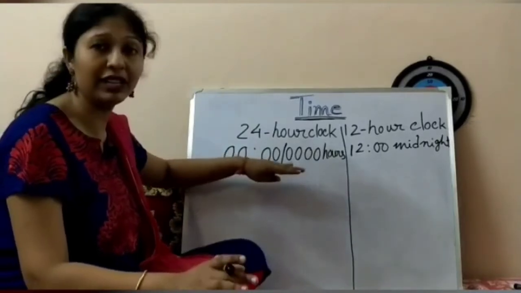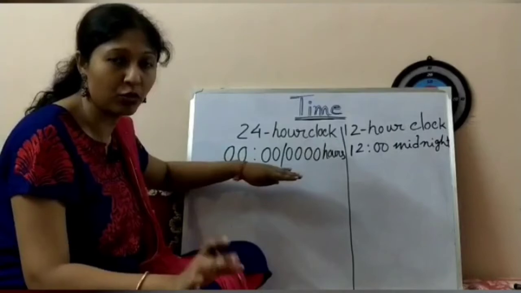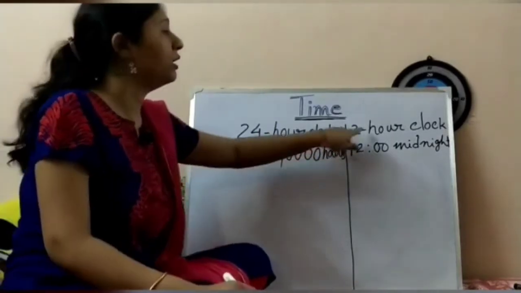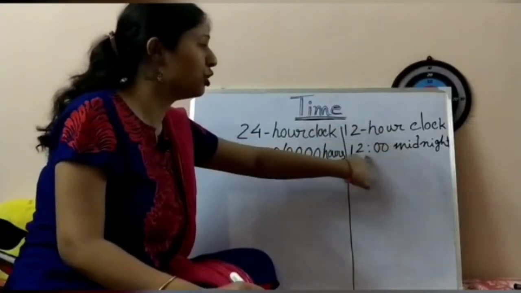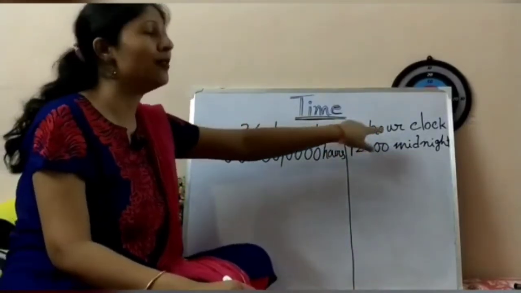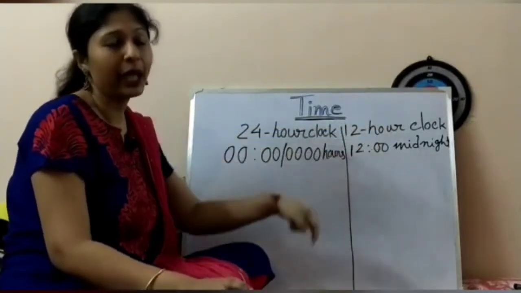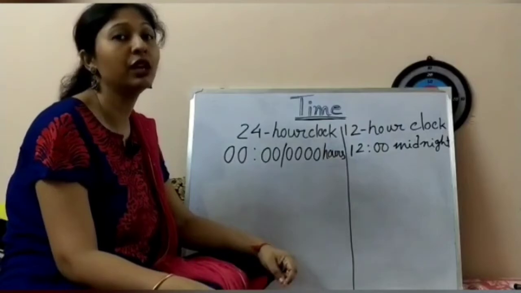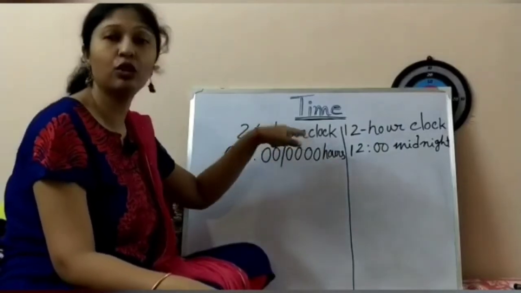I mean, if it is midnight 12 o'clock, it will show like that only. And the 12-hour clock will show 12 midnight. We use the 12-hour clock most of the time, but airlines and defense forces use the 24-hour based clock.